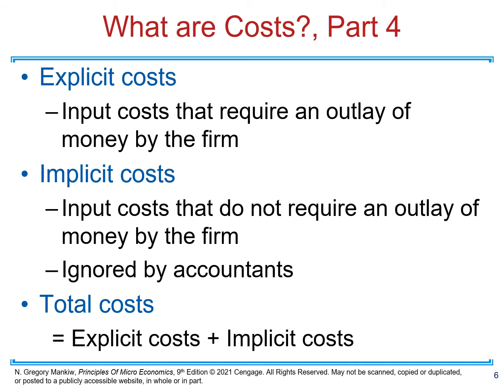Say that in one year my ice cream shop costs about $100,000. You gave up $50,000 not to work in another place, plus you pay $50,000 for your other expenses.